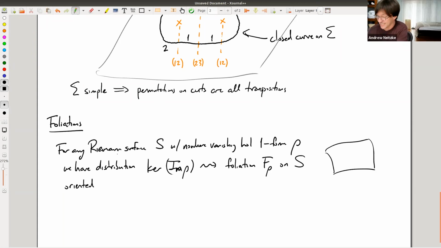Oh, that's true. I didn't say S is compact. In a minute, we'll have the zeros. So the point is, you get an honest regular foliation away from the zeros. And so for a minute, you should think that S means your compact surface with the zeros deleted. But then we'll deal with that case.